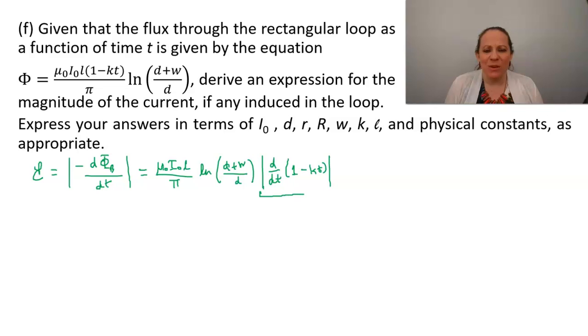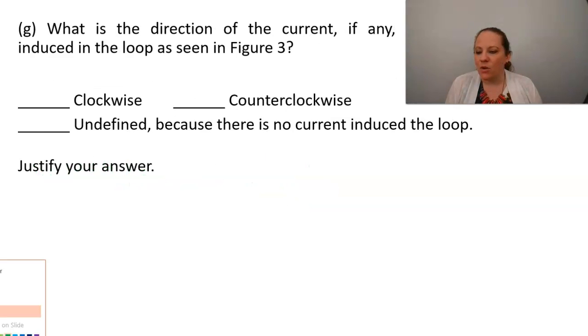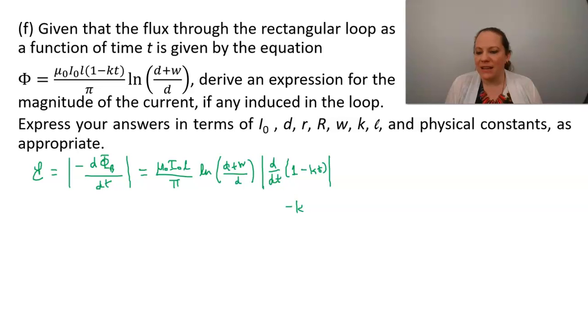So this final term of d dt of 1 minus kt works out to be minus k. So we're going to have minus k times all of this stuff out front, but of course we wanted the, I really should be careful with that. We want the absolute value of minus k.